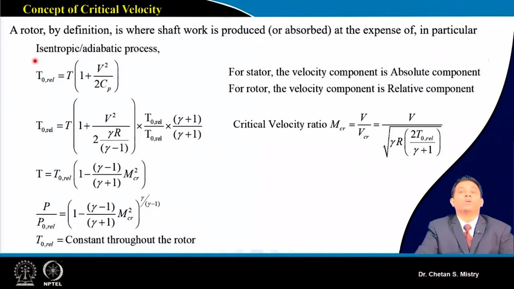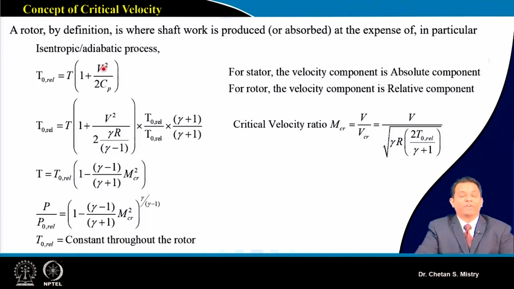So for the rotor we are more interested in relative properties. That is represented by T0 relative, and in place of our absolute velocity, here you will have the relative velocity component.